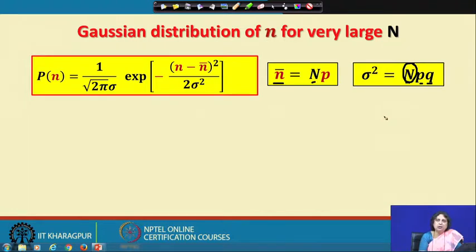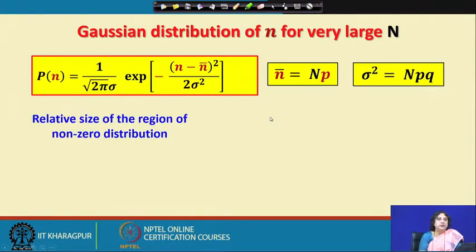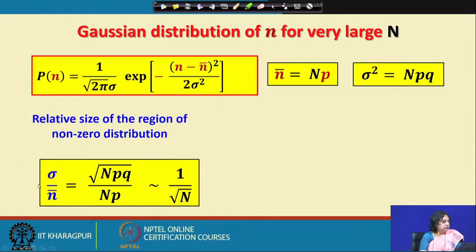But when we are talking about large numbers, you must realize that for capital N a big number, the possible values of small n also vary from 0 to a very big number capital N. So, the more relevant quantity that we should be talking about is the relative size of the region where the non-zero probability appears, and this is defined in terms of sigma divided by n bar.